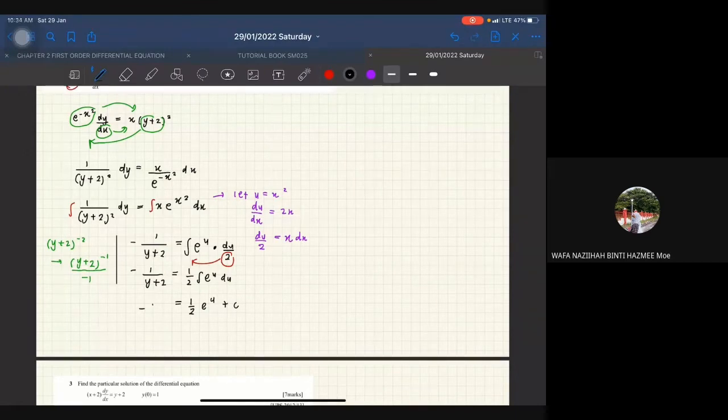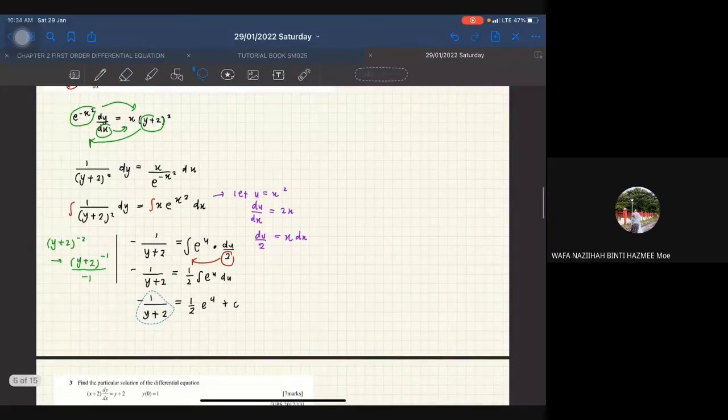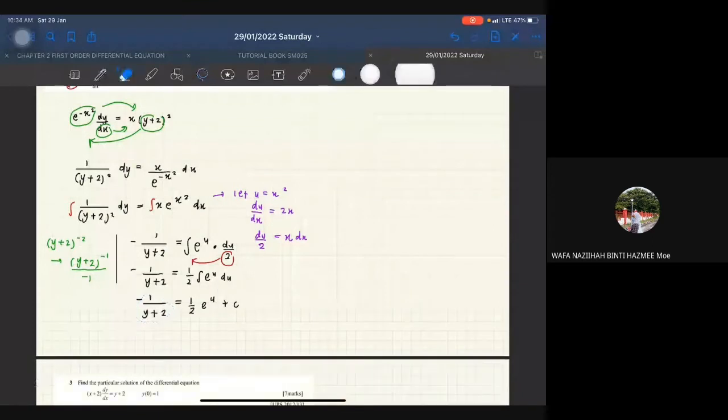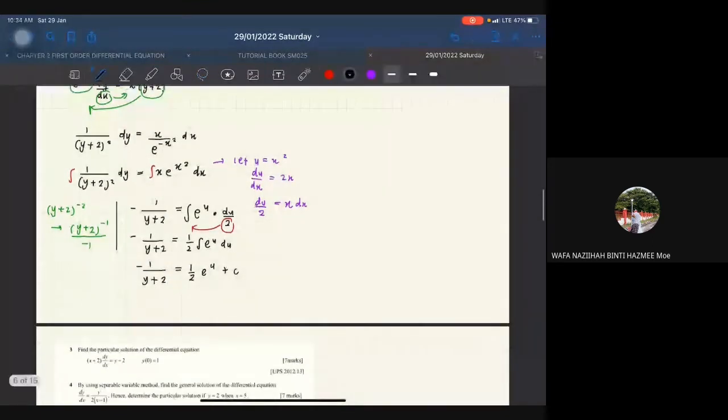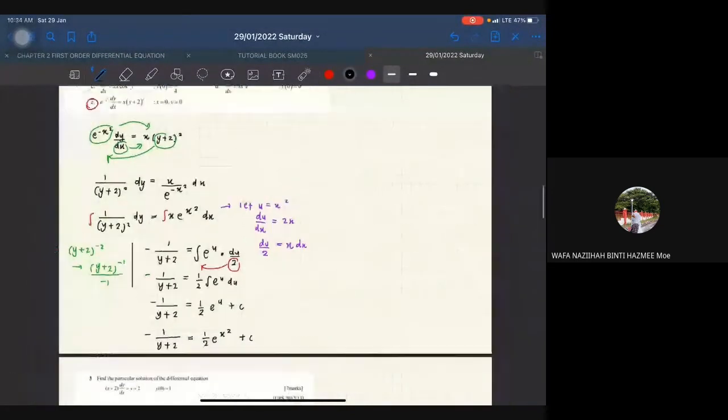Okay, and then negative 1 over y plus 2. Okay, so kita belum dapat lagi, kita pilih general solution. Substitute back what is u. So awak akan dapat negative 1 over y plus 2 is equal to 1 over 2 e to the power of x square plus c. So settle general solution.